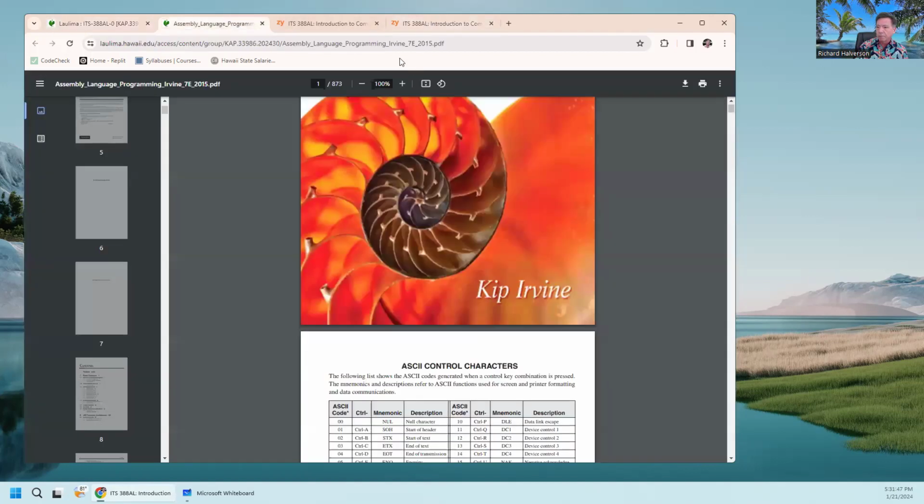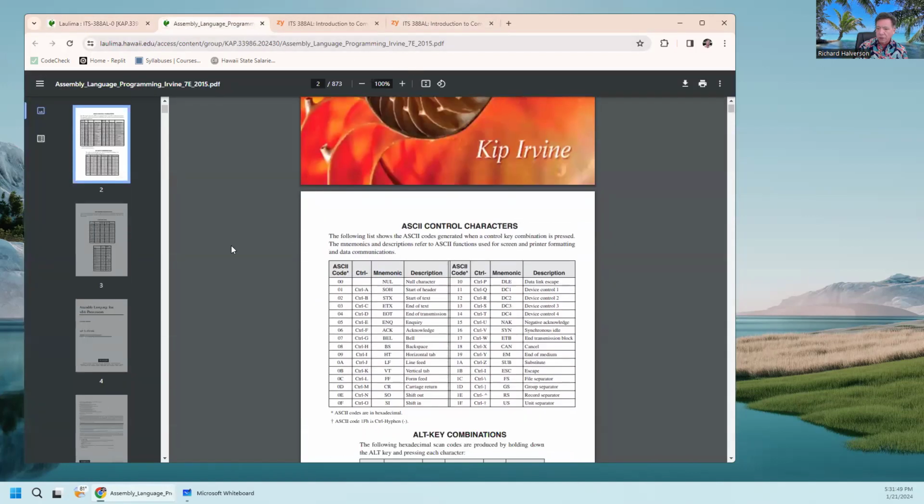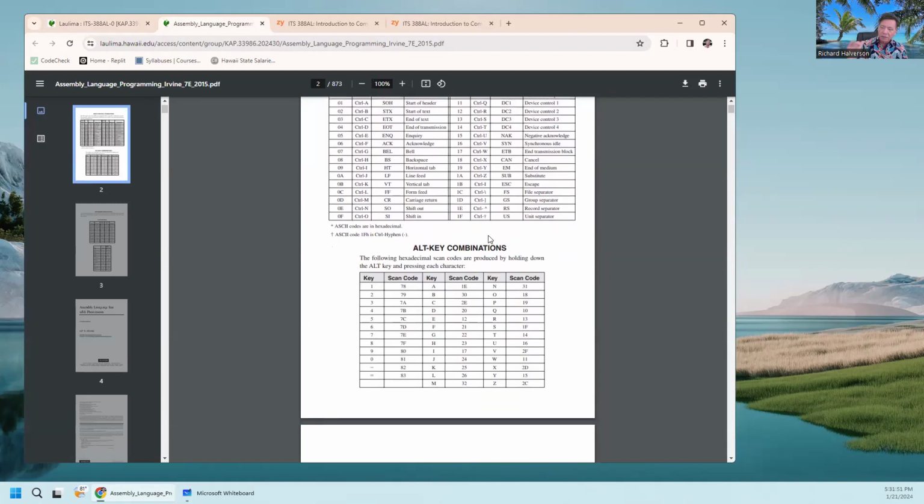It's kind of interesting. And you'll see the register set and the list of all the instructions. One reason why the Intel processors are so complicated is because all throughout the life of the Intel processors, which started out with the 4004 back in 1971, they've always tried to make the instruction set somewhat backward compatible.